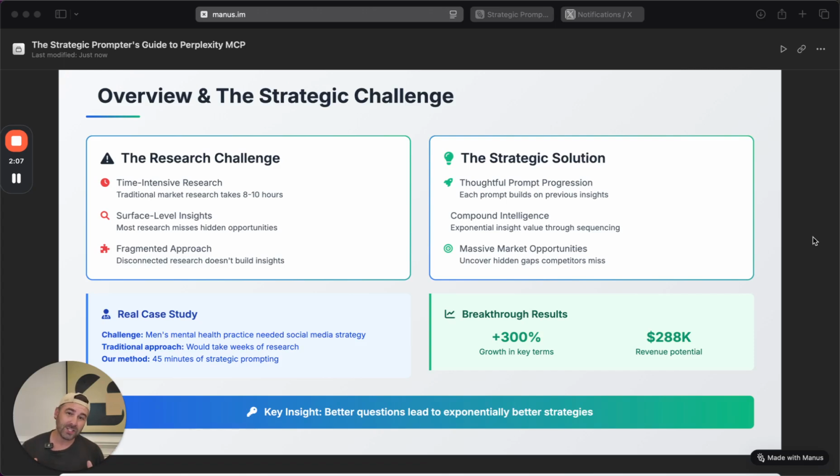Having the right sequence of prompts makes a massive difference. Most people get in tools and randomly throw things at the wall. If you have the right progression, you can identify massive market opportunities. I uncovered a hidden gap in this market that most of the competitors appear to be completely missing.